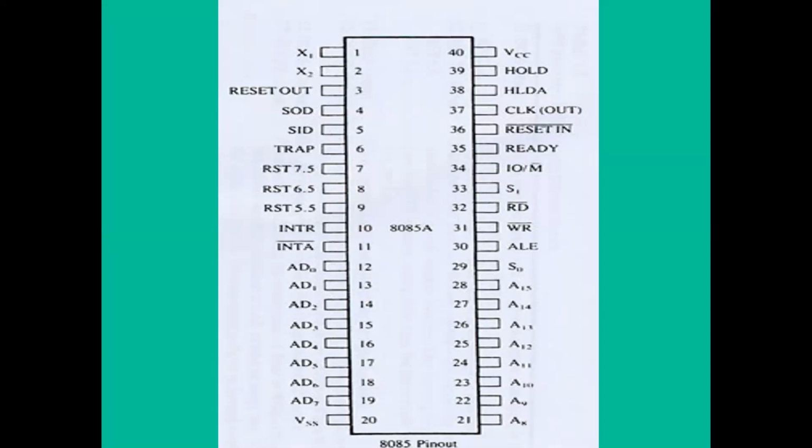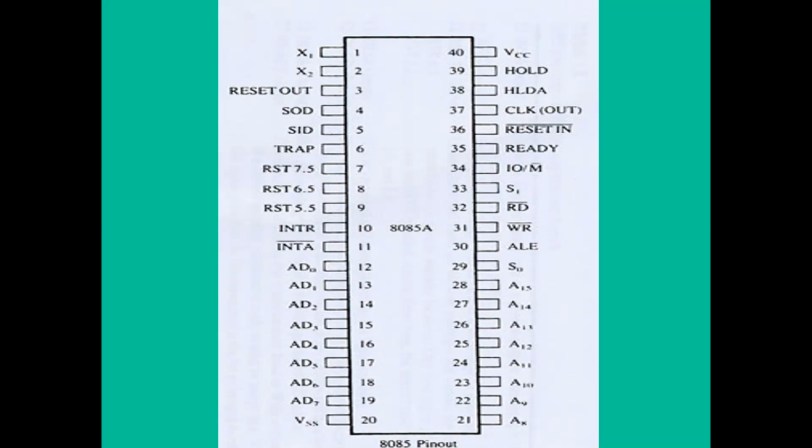If S1 and S0 are both low, 0 0, it is identified that the halt state is going on, no operation is performed.